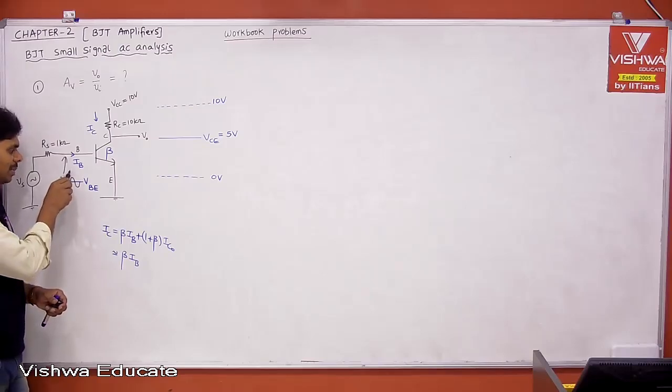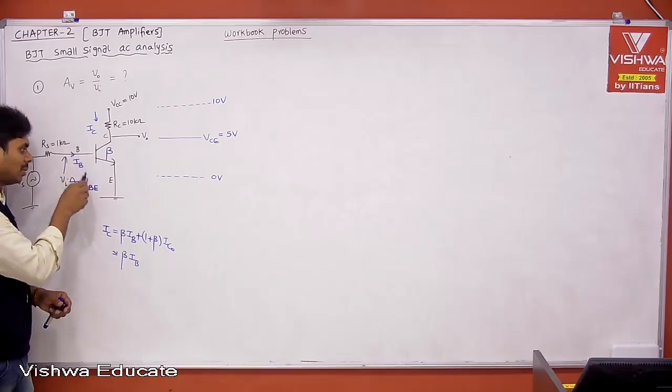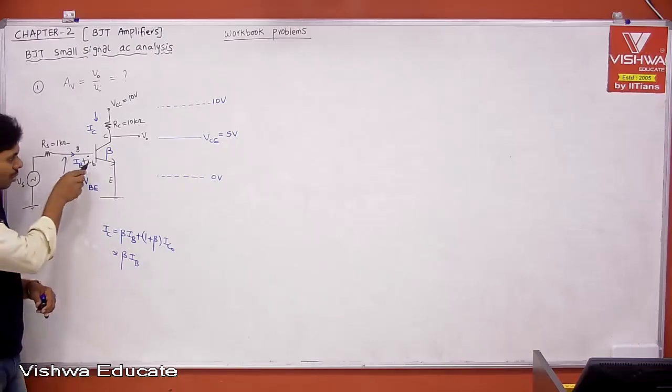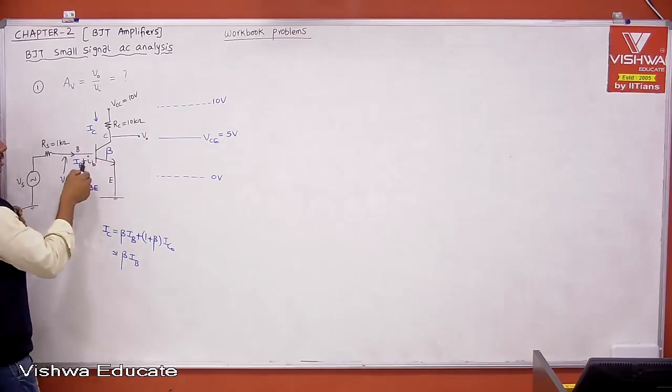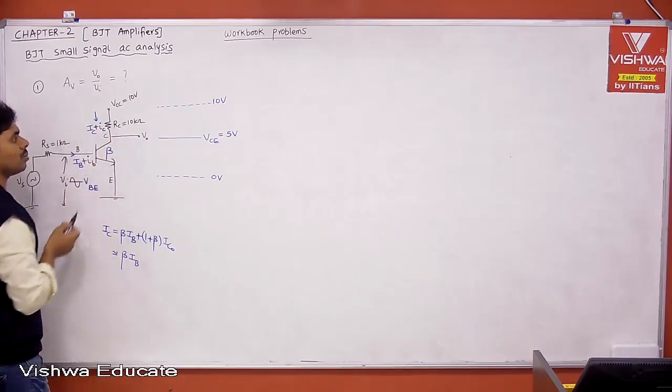Now I'm increasing the input voltage, then definitely the base current will increase. On top of the capital IB due to capital VBE, because of the AC signal, let us say there is a current on top of capital IB which is small ib. Therefore the small ib is because of a small vi, the signal which is changing with respect to time. Then if IB is increasing by ib, your IC, let us say, is increasing by something called small ic.